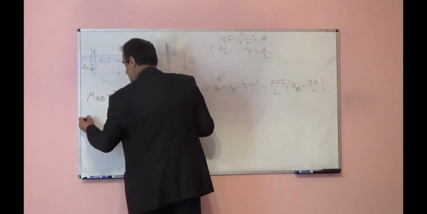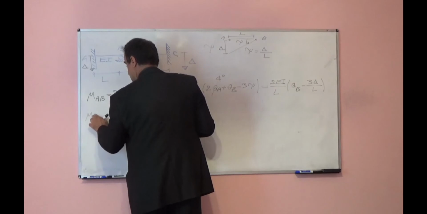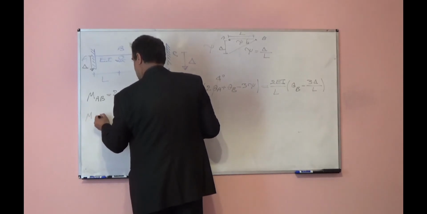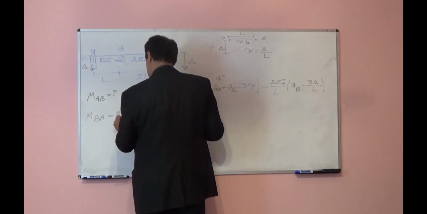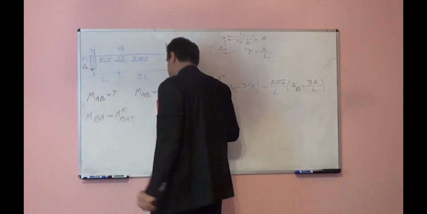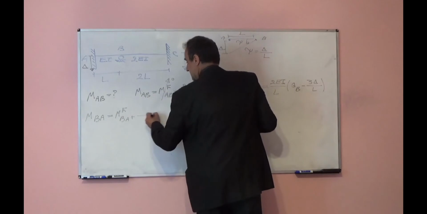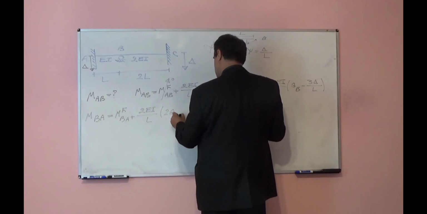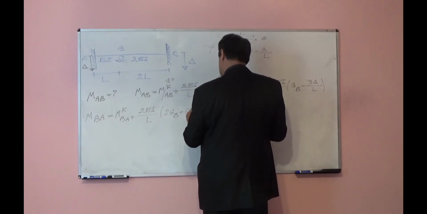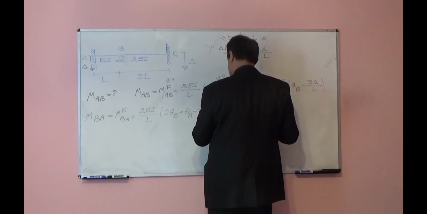M_BA is equal to M fixed BA plus 2EI over L, 2 theta B plus theta A minus 3 psi.